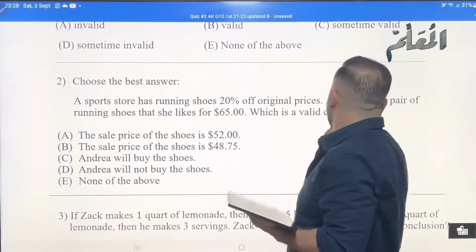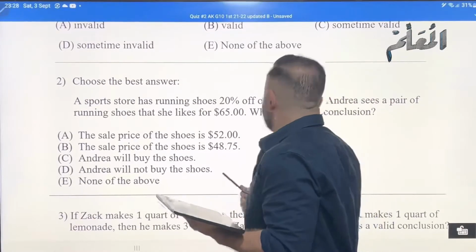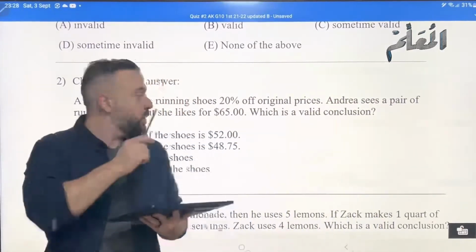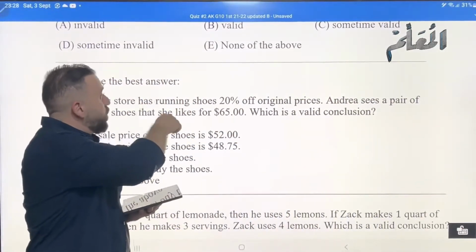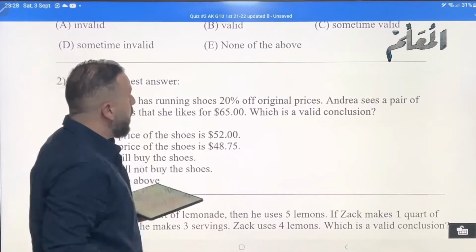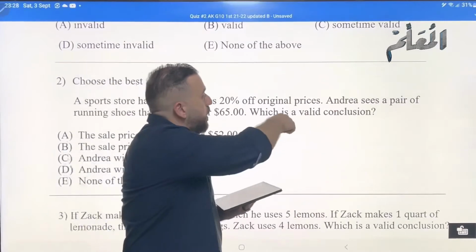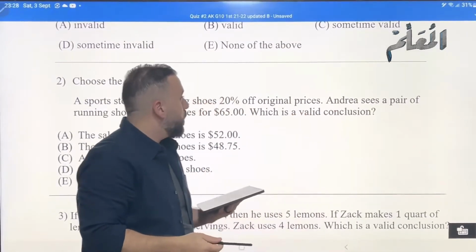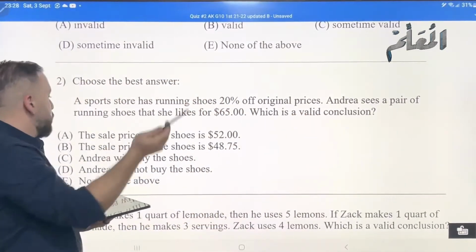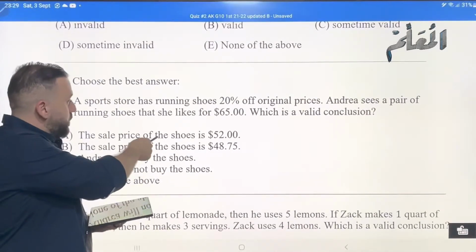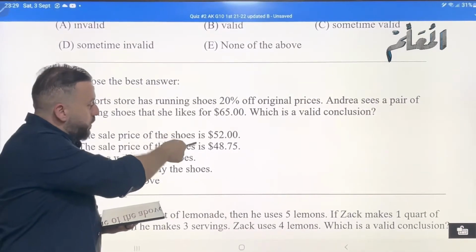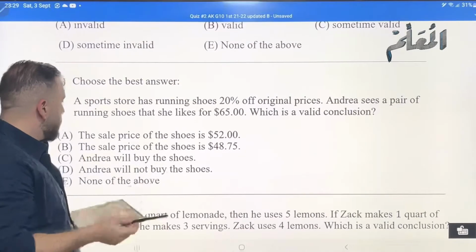In this case, Andrea sees a pair of running shoes that she likes for $65. Which is a valid conclusion? The conclusion is that the price of the shoes is $52 or $48. I don't know actually.